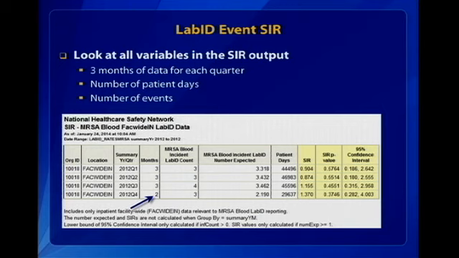There's also a months column, and you want to make sure that that months column equals 3 for each quarter, meaning that you have completed your reporting and entered data for all 3 months of the quarter. You also want to check the number of patient days and the number of events to make sure that this accurately represents all of the data in your facility for the entire quarter.